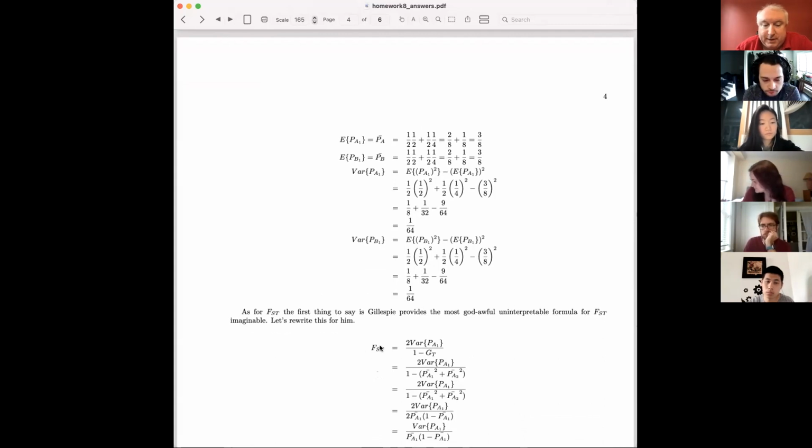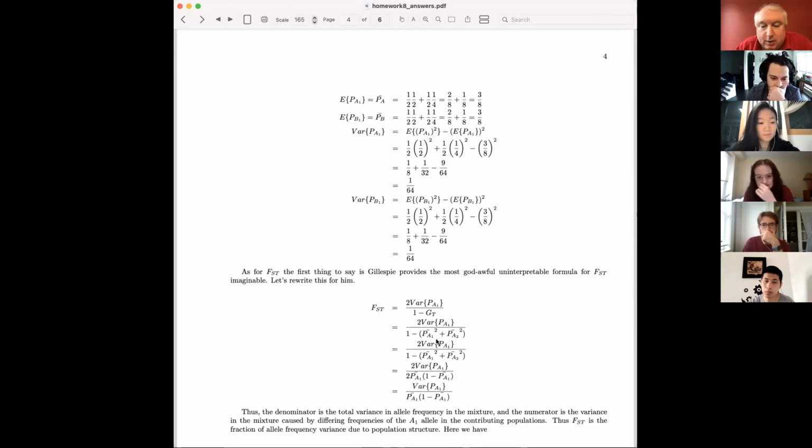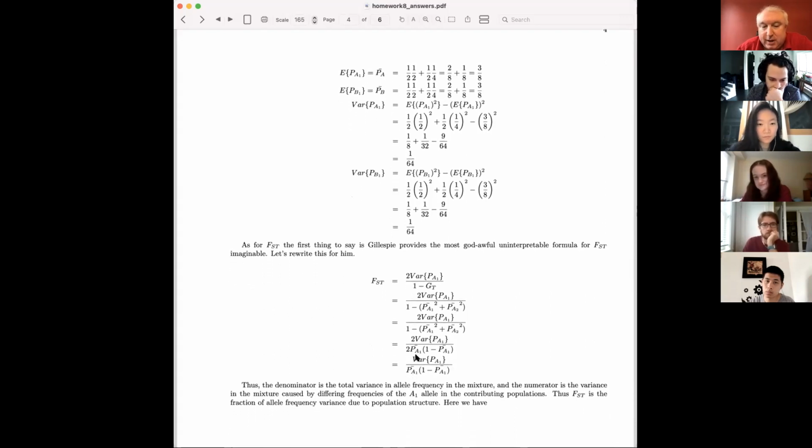One of the formulas Gillespie gives is that FST equals twice the variance in one of the allele frequencies over this term called 1 minus GT, which turns out to be 1 minus the square of the allele frequencies. We're just going to rewrite all of this as the variance in the A1 frequency, the variance between populations, divided by the variance in A1 in the mixture.